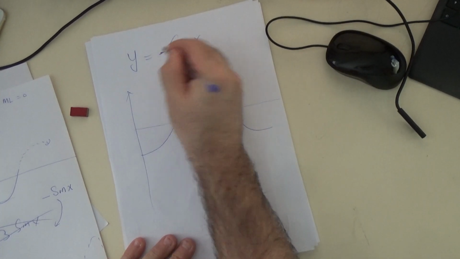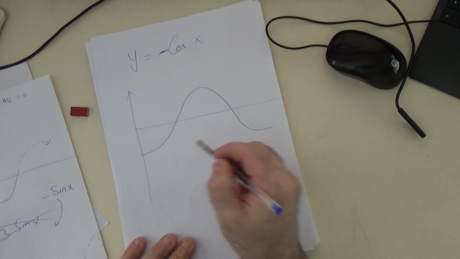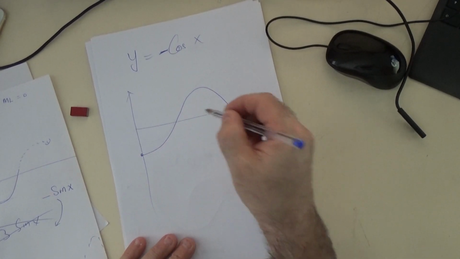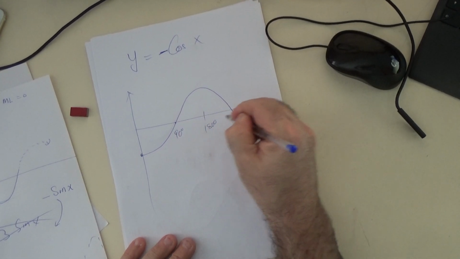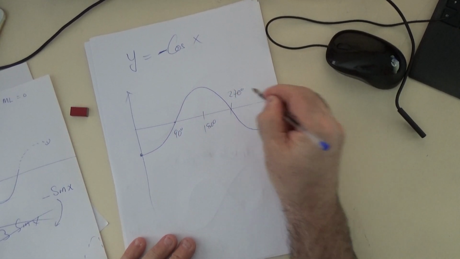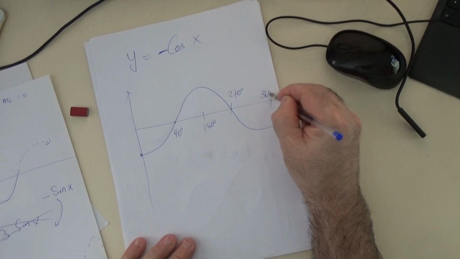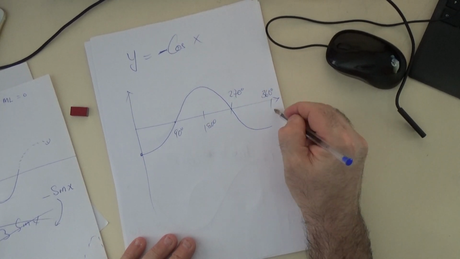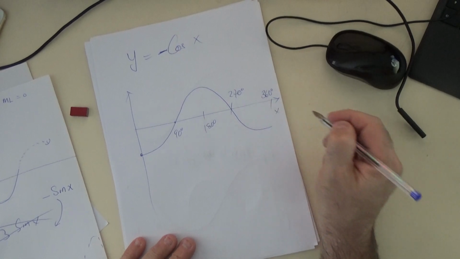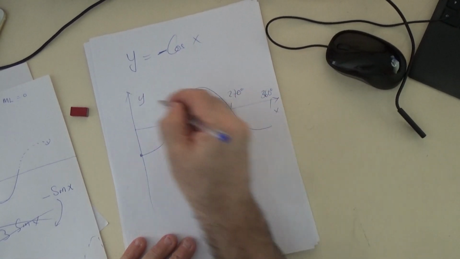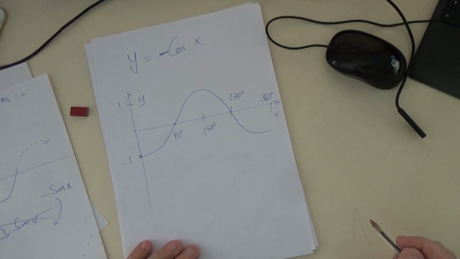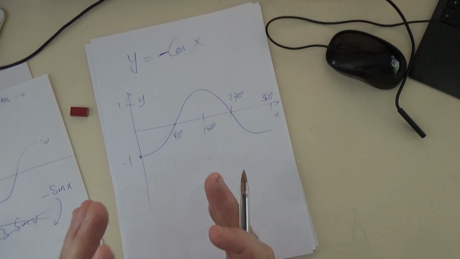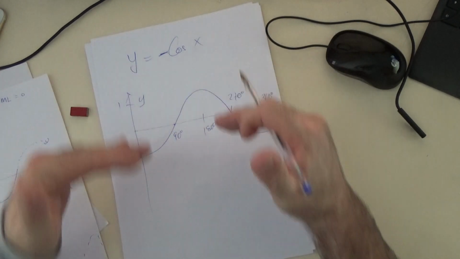And this is an inverted cosine of x. Okay, guess what that is? 90 degrees. Guess what that is? 180 degrees. Guess what that is? 270, and out we go to 360 degrees. Okay, there's my angle, or whatever, x-axis, and my y-axis. 1, -1. Okay, and you must always think, to begin with, what's my shape? Then you can think about lifting it.